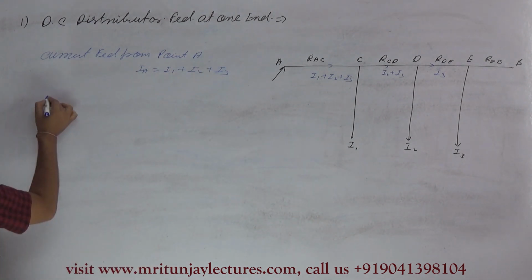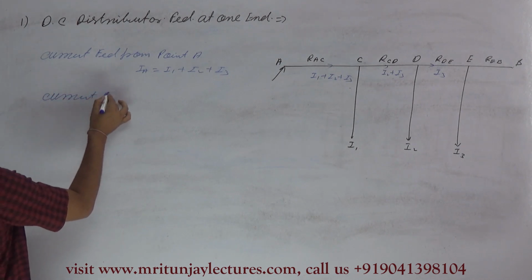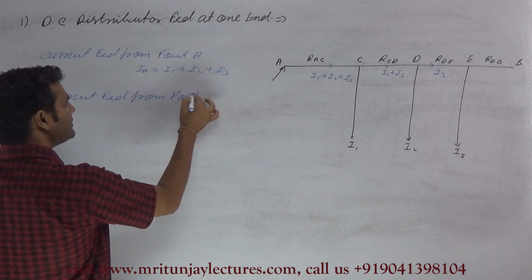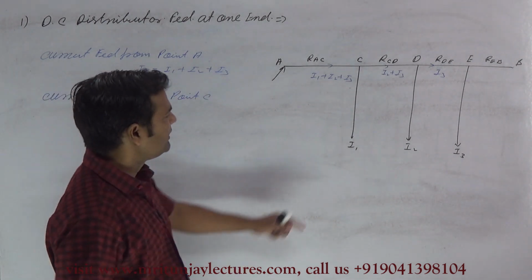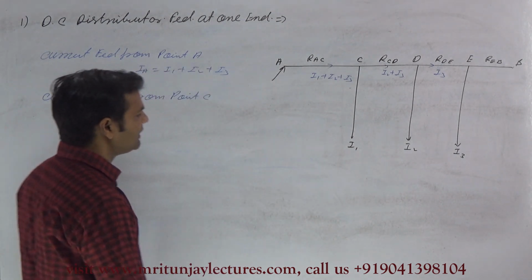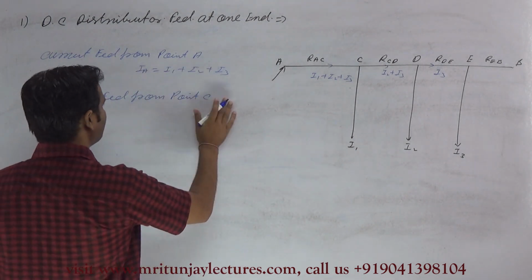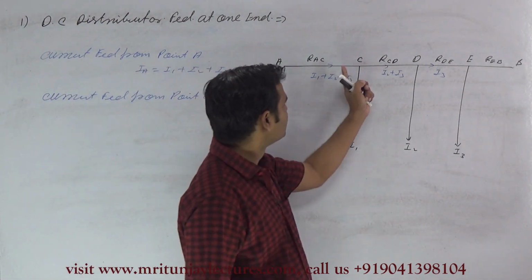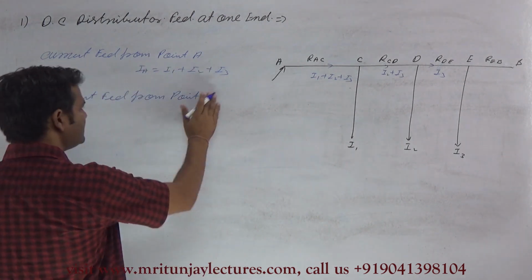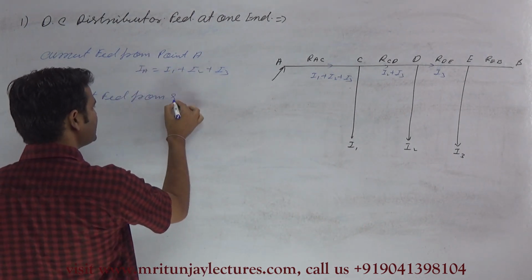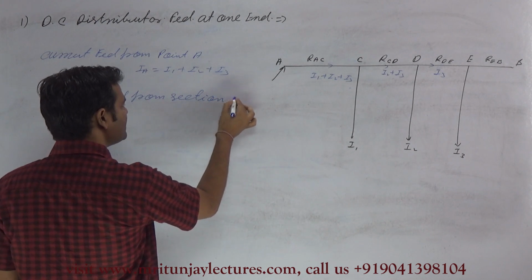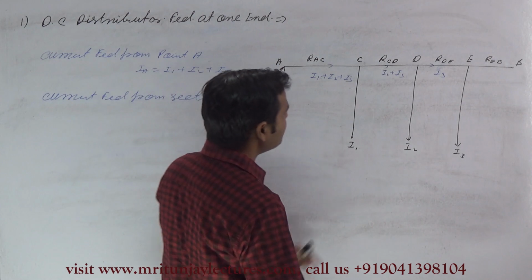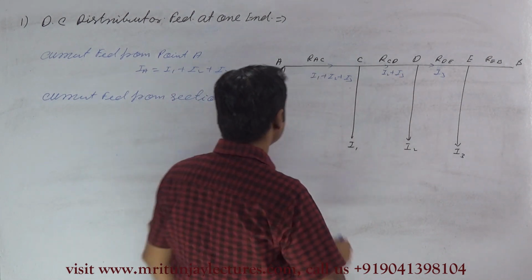Next, the current fed from point C, or you can say the current fed from section CD, that is ICD, is written as I2 plus I3.